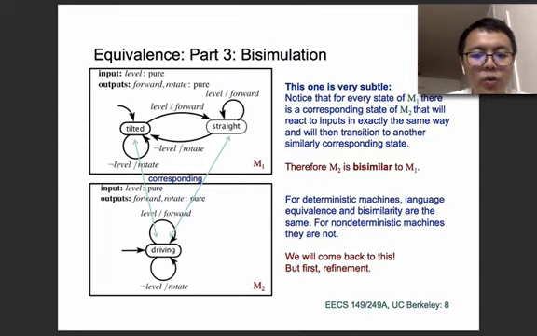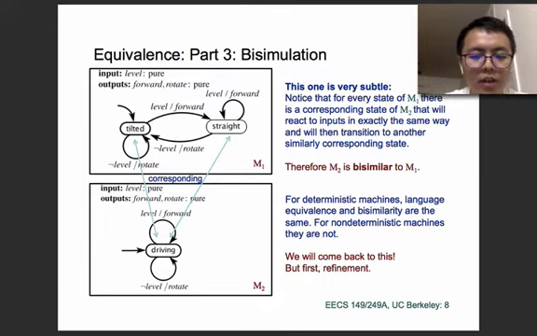Therefore, M2 simulates M1. Also, it's a stronger form of equivalence than language equivalence. Because for deterministic machines, language equivalence and bisimilarity are the same, but for non-deterministic machines, they are not. And we will go further into this notion.